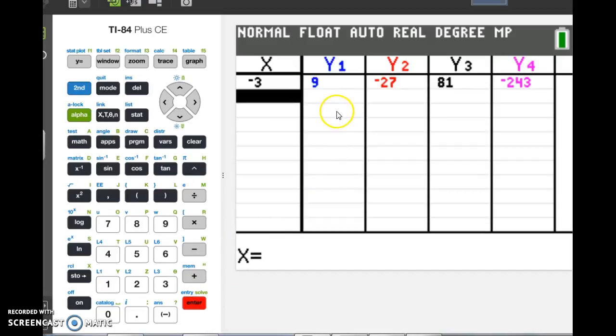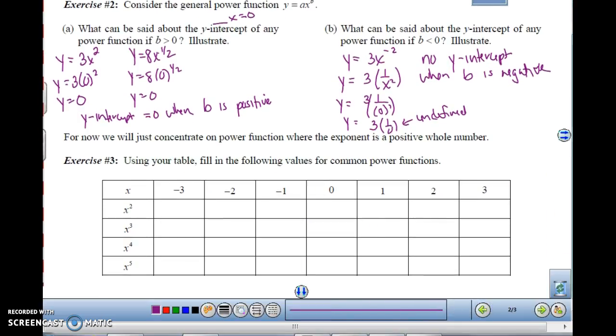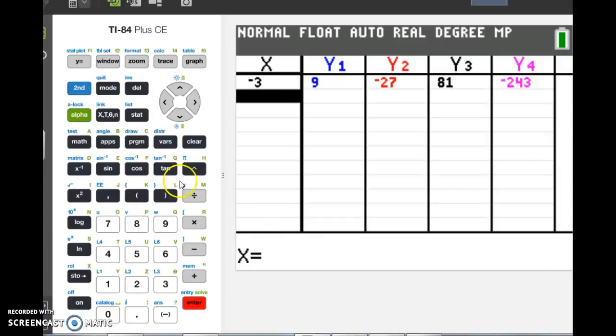Okay, so here are my values. When x is -3, for x squared, x cubed, x to the fourth, and x to the fifth, we have 9, -27, 81, and -243. So let me put those in. All right, so we had 9, -27, 81, and -243. All right, so let's try -2.